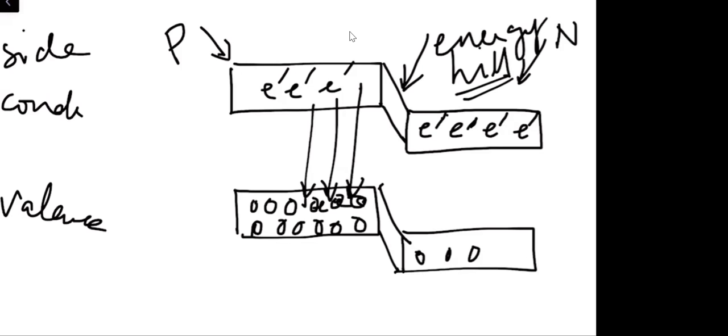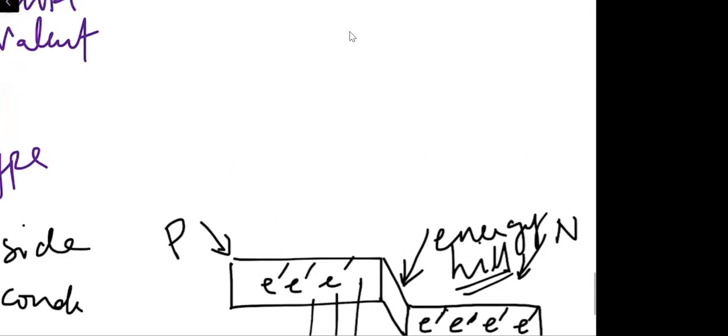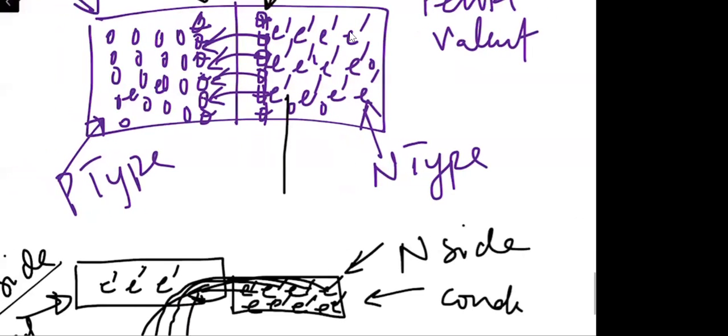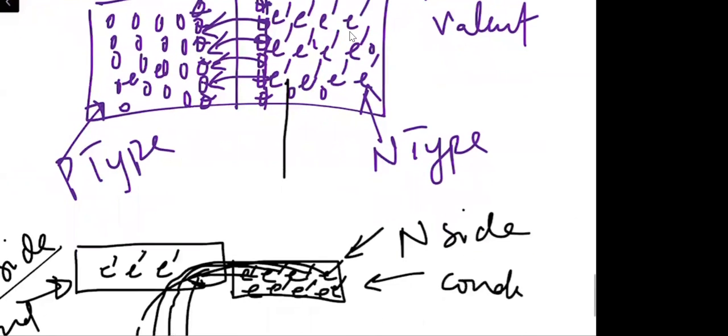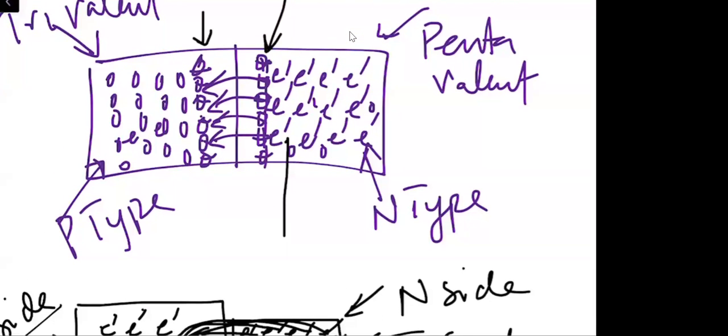Okay. Now, when we look into the crystal lattice itself, an electric field is being created due to the positive ions and the negative ions over here, right? And this electric field, which is being created between the positive and the negative ions, does not allow the free electrons which are being left over here to cross the electric field, right?